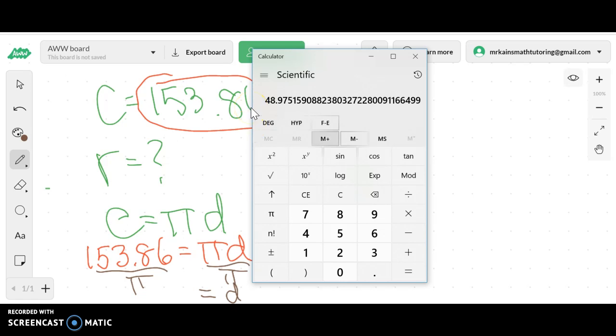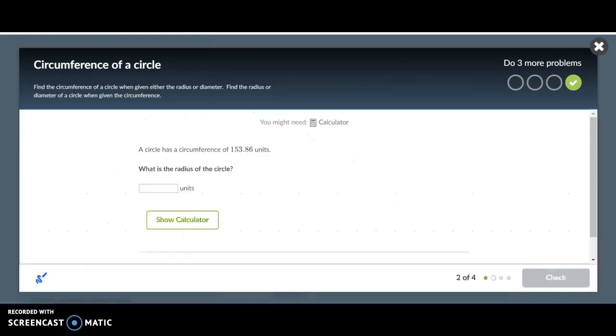So we know that we need to divide this by 2 because 2 radii equals 1 diameter. So let's divide that by 2 and we get 24.4875. Let's put that in our answer, 24.4875. Let's hit that enter button and we see that we got it correct.